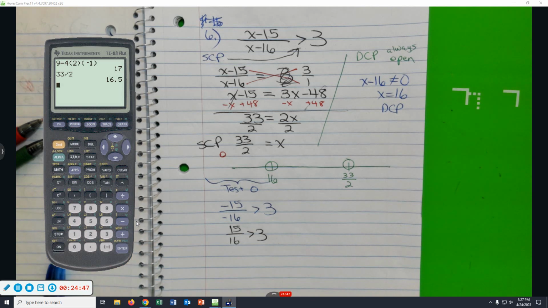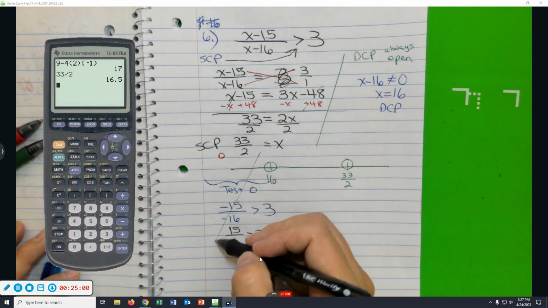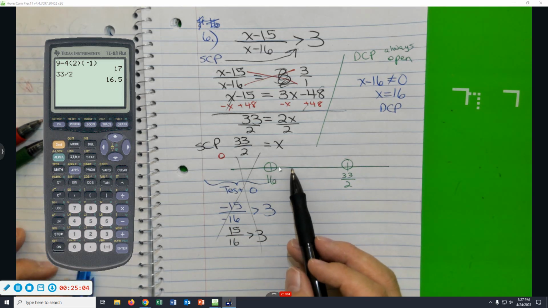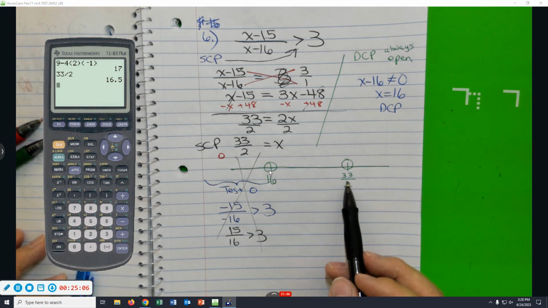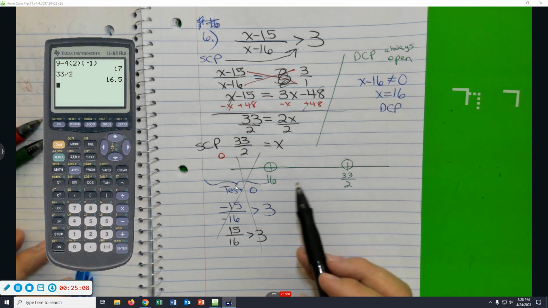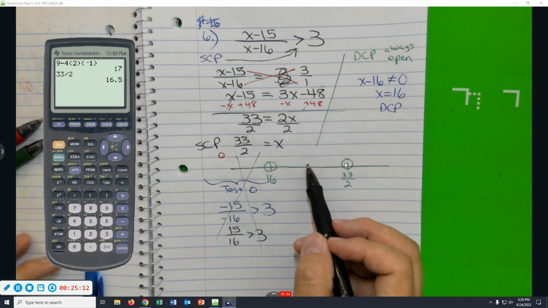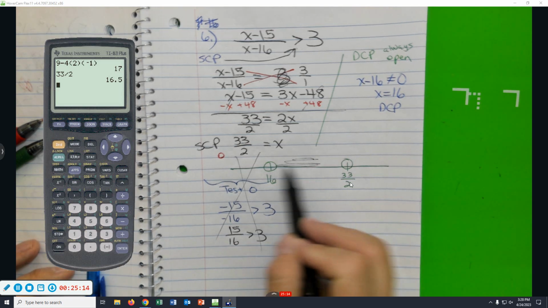True or false? False. 15 sixteenths is smaller than 1, and 1 isn't bigger than 3. That's false, which means if we had tested something like 16.1 or 16.2, true or false? True.